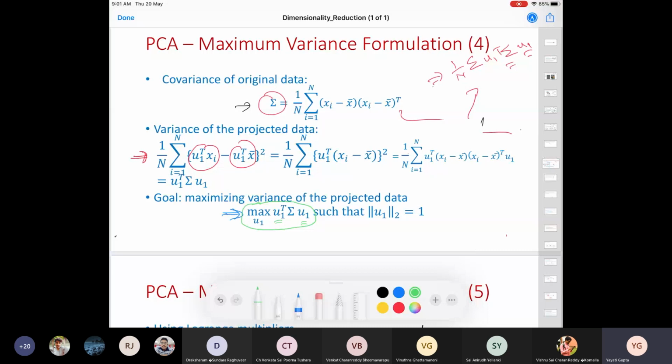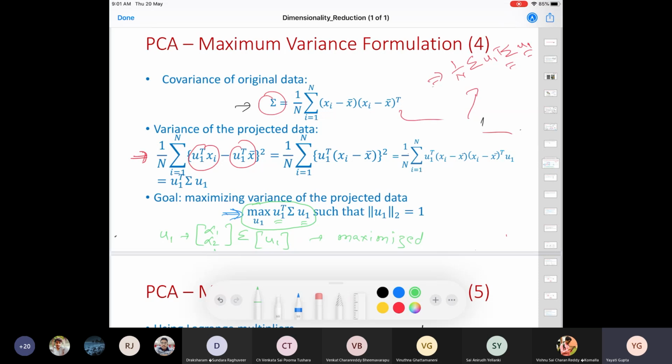I'll rephrase this statement that I just made. So u1 has certain coefficients. These will be multiplied with the variance of your data, again multiplied with some coefficients. Whatever resultant I get should be maximized. Let's say these coefficients are alpha 1, alpha 2, and so on, depending on the number of dimensions that you have.